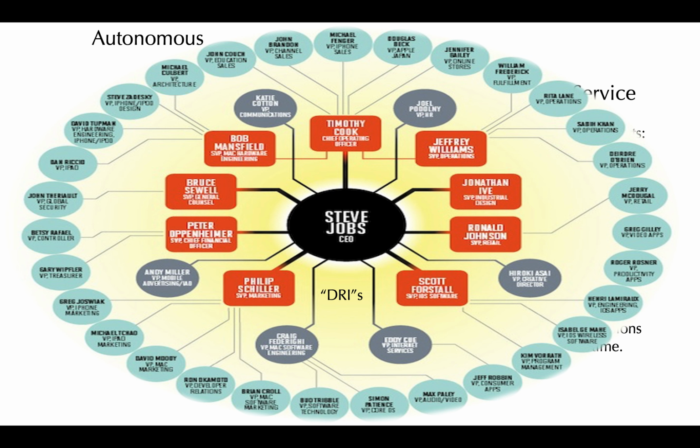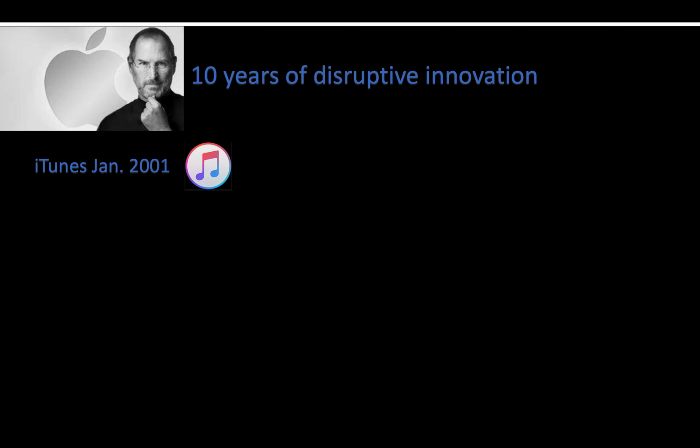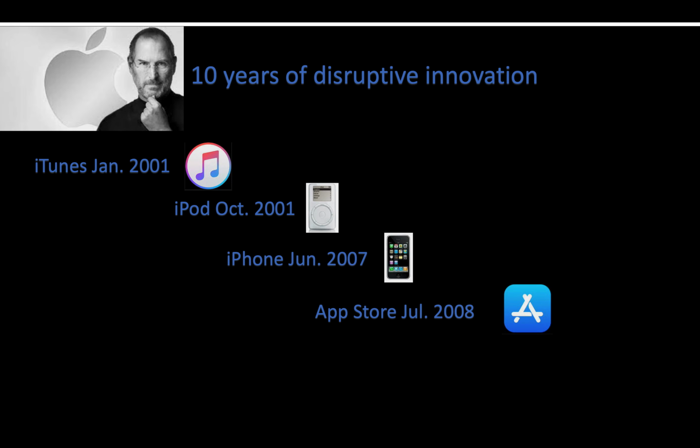His approach to leadership of empowering his people explains how in a short decade he went from a simple computer company to the most valuable company in the world. The introduction of iTunes, the iPod, iPhone, the App Store, and the iPad revolutionized the world.